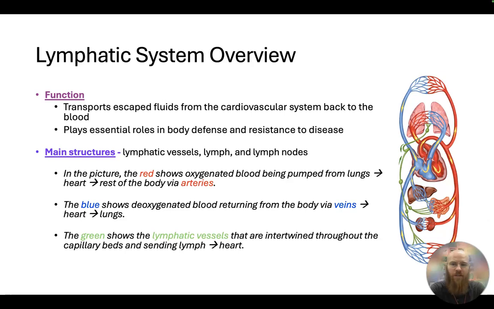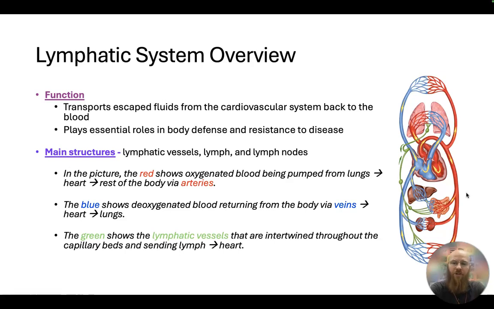And if you want to look over to this picture here, I did want to make sure that we understood how this was set up so that we get a feel for the integration of the lymphatic system with the cardiovascular system, which is to say that the red is always going to be showing your oxygenated blood that's coming from the lungs and going to the heart and then to the rest of the body via your arteries. We know that well.